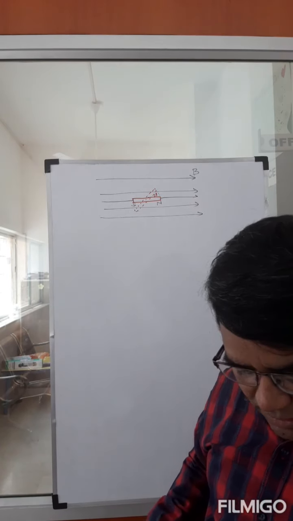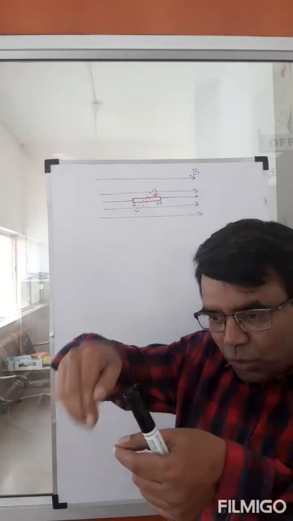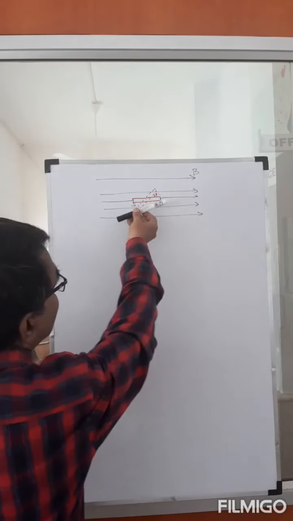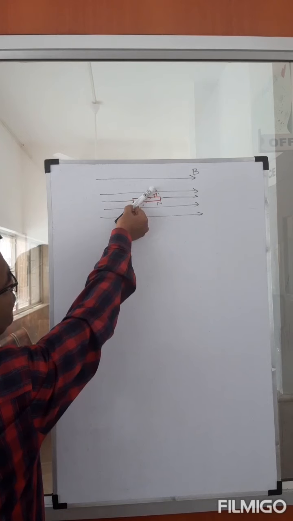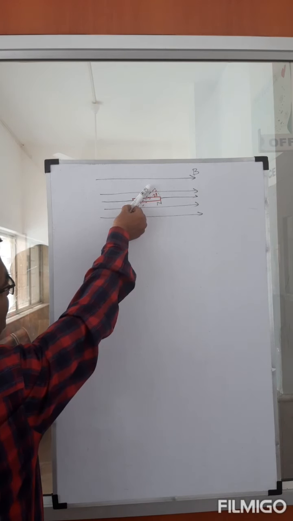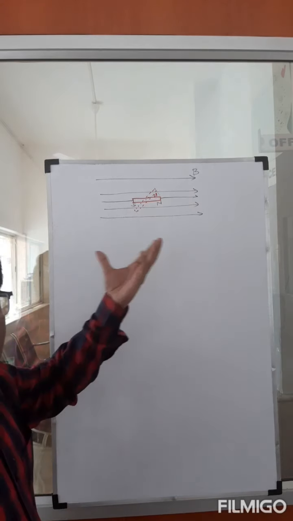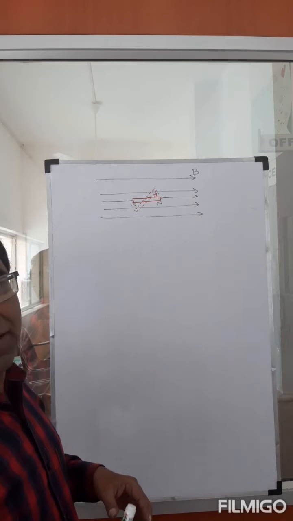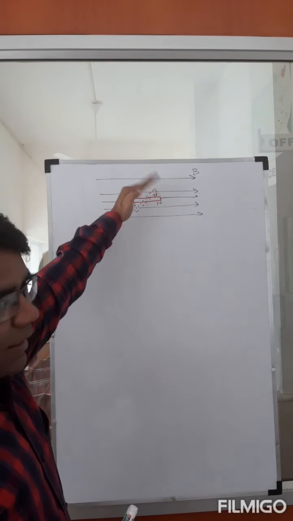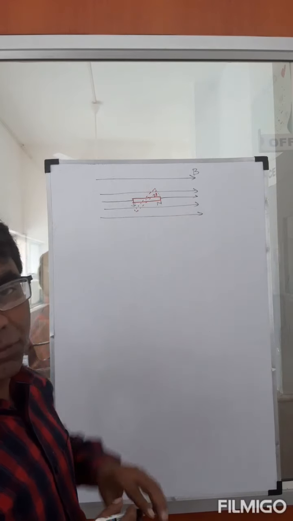Okay, so why does it oscillate? It oscillates because there is a restoring torque. I moved it to this position and I left it. So there is a restoring torque given by the external magnetic field. So that brings it back. Then what would be the value of the torque acting on this bar magnet?